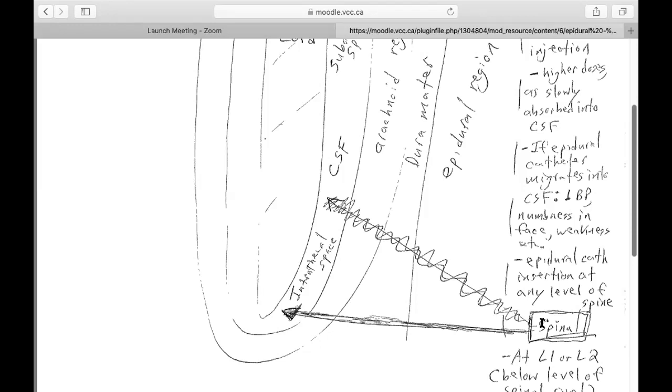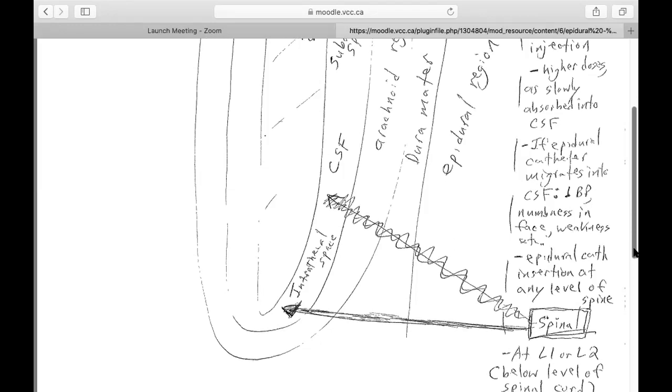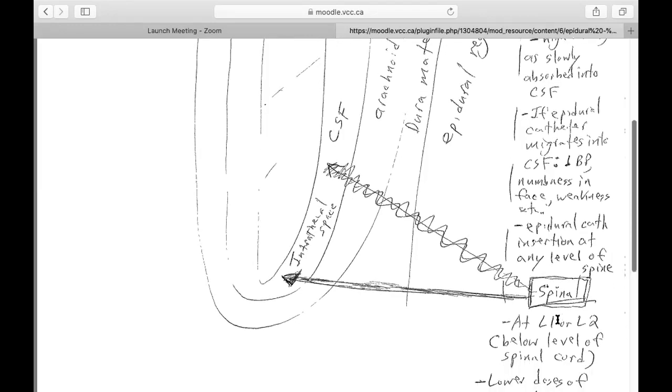And you'll see the surgeon or one of their residents injecting a single injection into this space, which is typically at L1 or L2. There's not a lot of choice there because it has to be below the spinal cord. You can imagine if you tried to make this injection higher up, you run the risk of hitting the spinal cord itself. Obviously, that would not be a good thing.